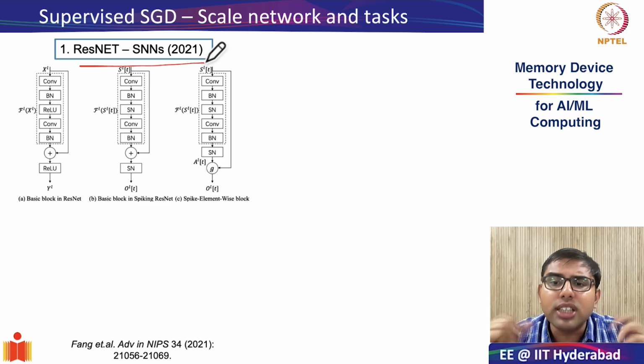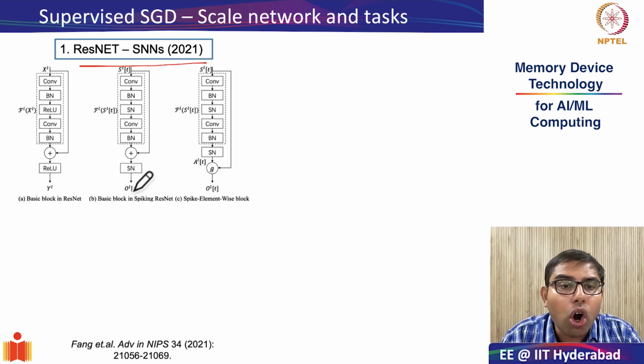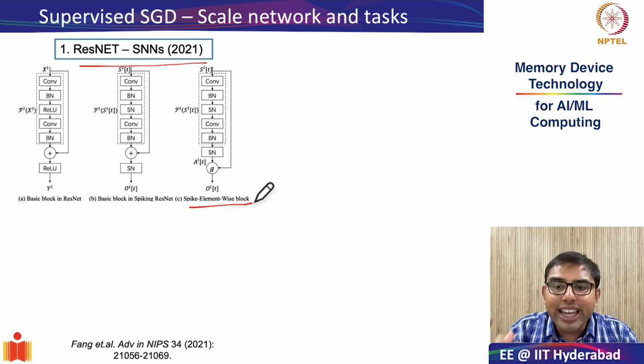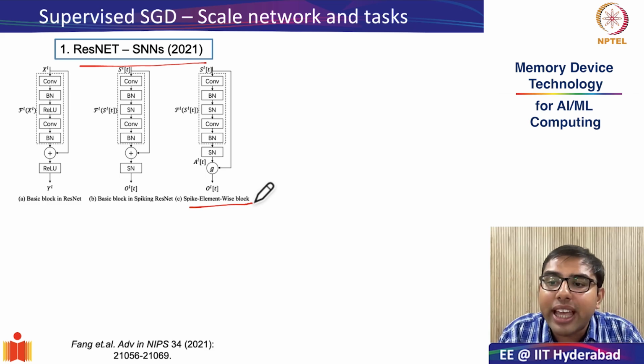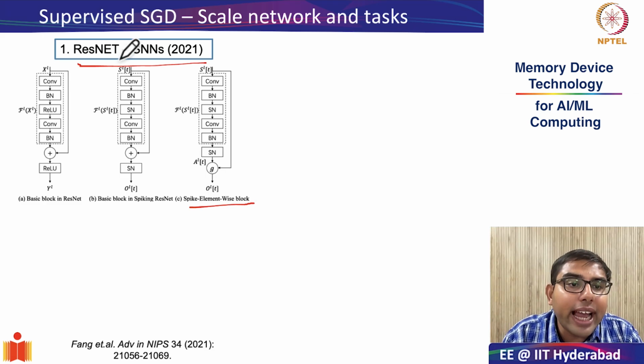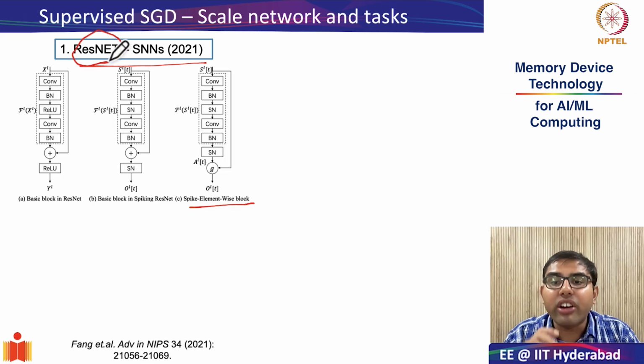What they introduced in this work is something called a spike element wise block. The idea was to take residual connection principles from standard SNNs, the same ones that were used to design the ResNet, and redesign it so that they can work within spiking dynamics.